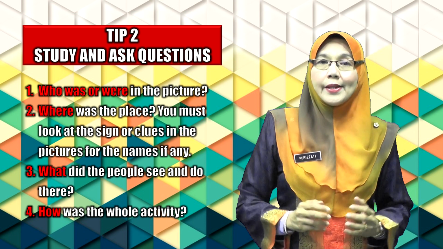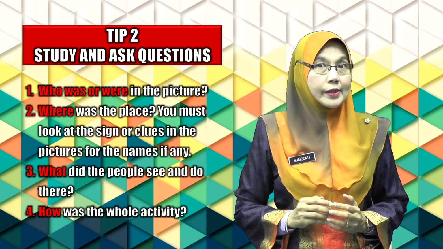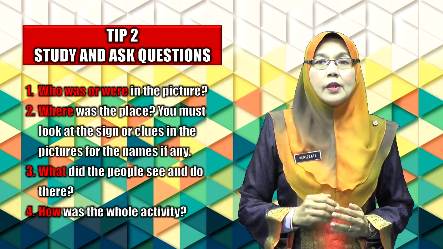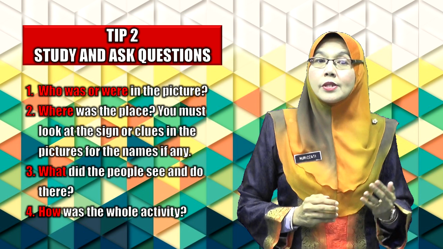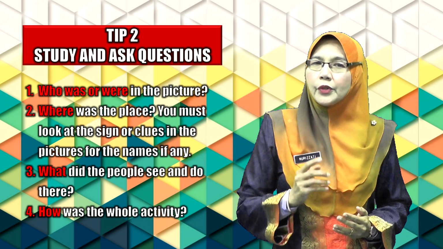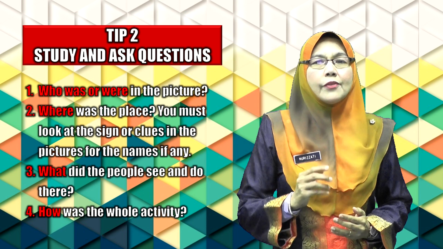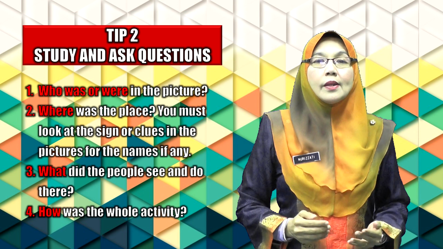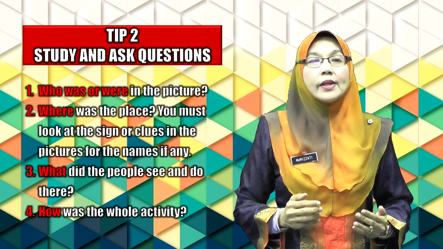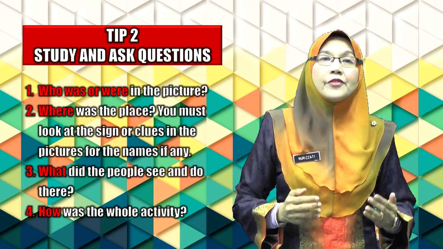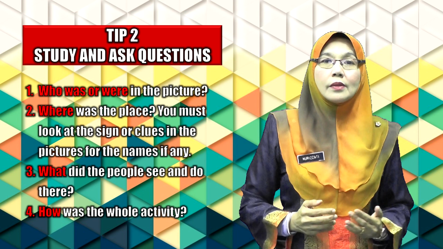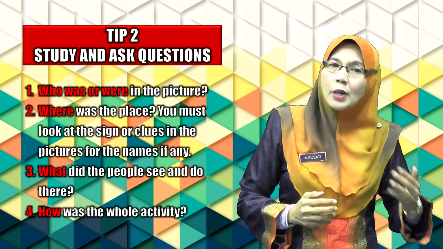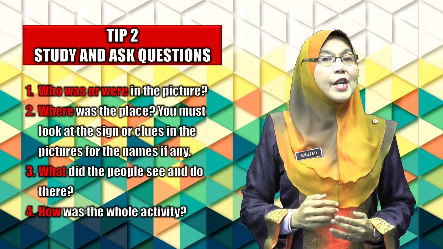You must decide who the main character or characters in the story. It could be you or someone else. For these questions, if you decide to talk about you and your family, then the subject is my family and I. But if you want to talk about someone else, decide a name.